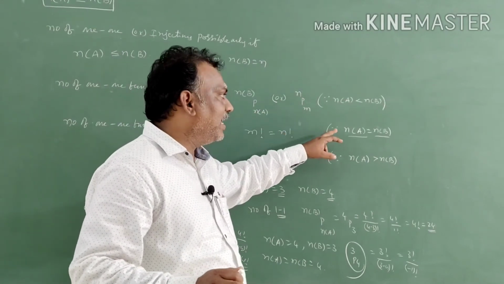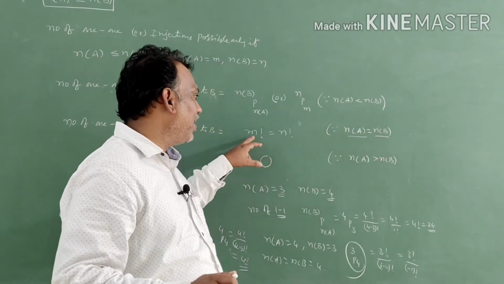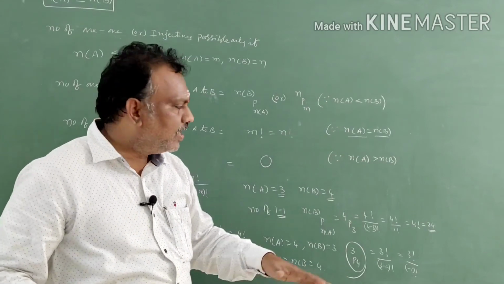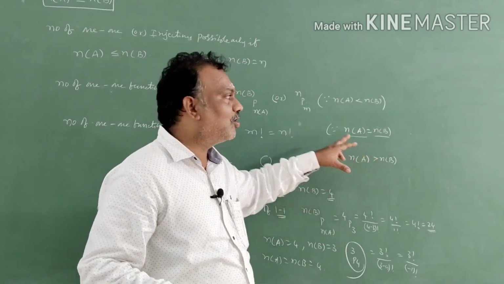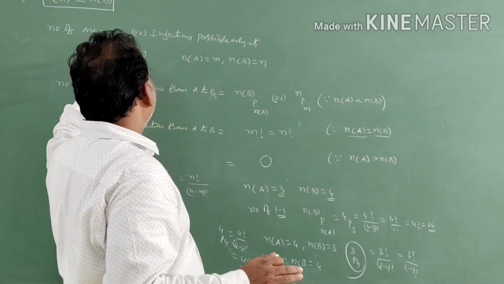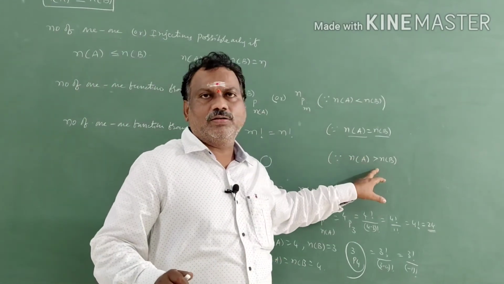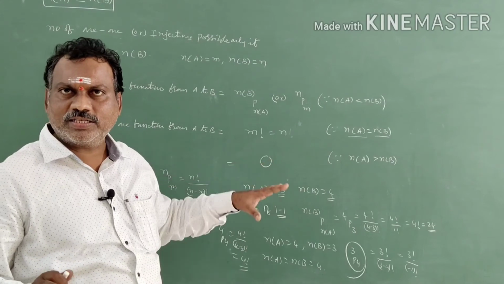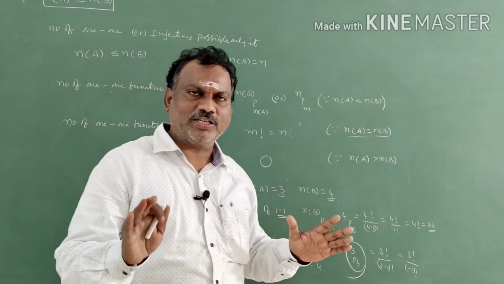If they are equal, it is that number factorial. If it is more than, there are 0 possibilities. Clear, students? So this is the number of one-one functions.